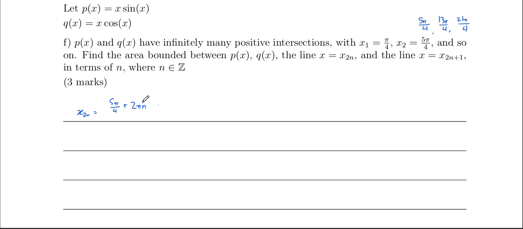No, 2 pi n minus 1. The reason being, when n is equal to 1, then x of 2n is equal to 5 pi on 4. So we need this to equal x of 5n.